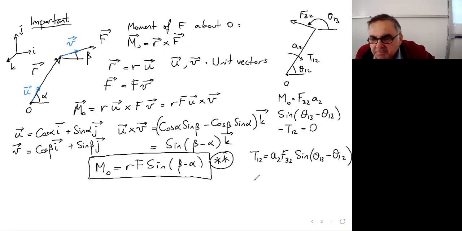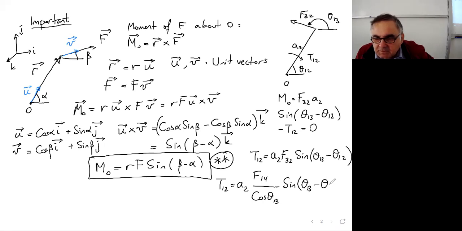So we have A2 times F32 is equal to F14 over cosine theta 1,3. And you have sine theta 1,3 minus theta 1,2. And this is the solution. This is the result.